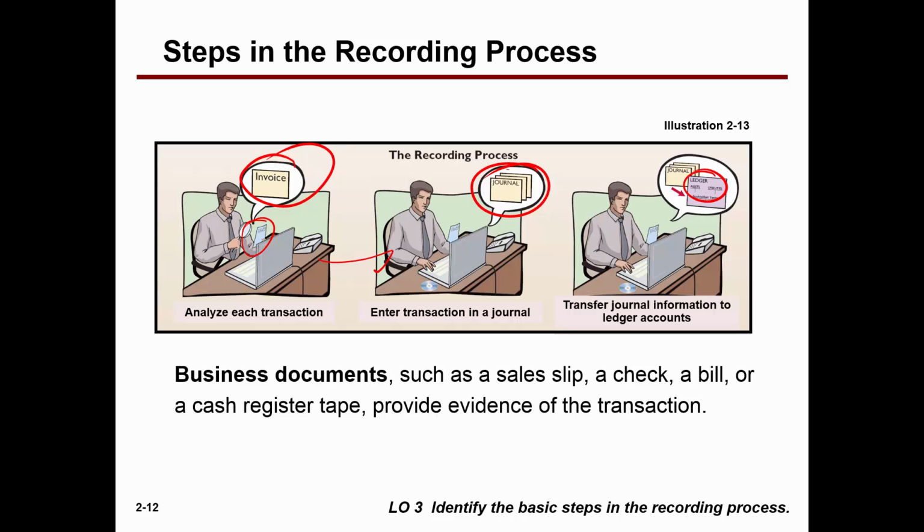When you record the transaction here in the journal, that's called journalizing. When you transfer the amount from the journal to this summary called a ledger, we call this posting. And then eventually we'll see something called a trial balance after finishing this ledger.